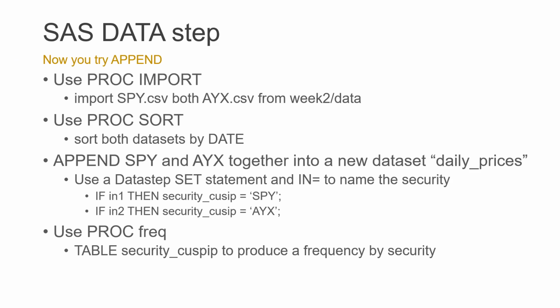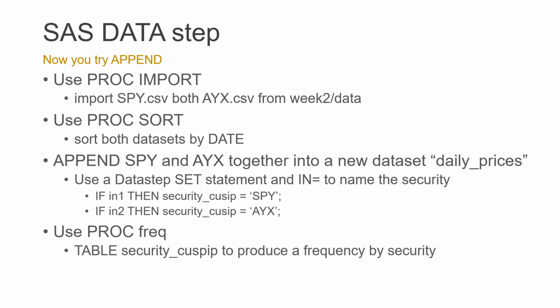All right, so why don't you give it a try? First, try to do an append. Import the S&P 500, SPY, and Alteryx from our week 2 data folder. Sort by date, you can do that. Unnecessary when you're doing an append, but go ahead and sort it.